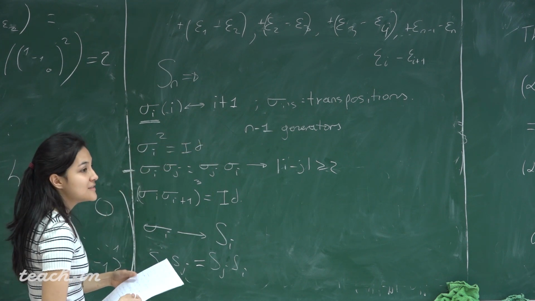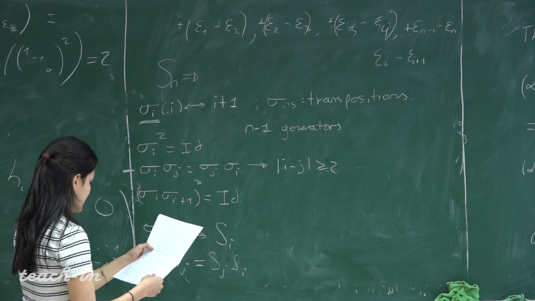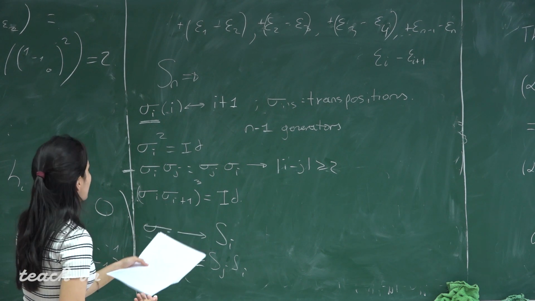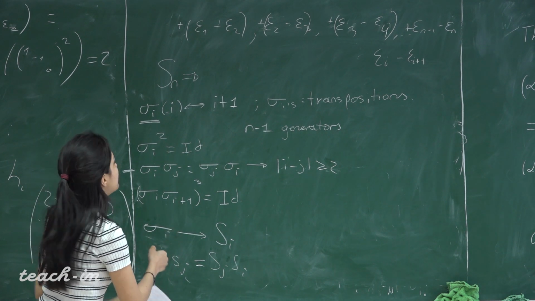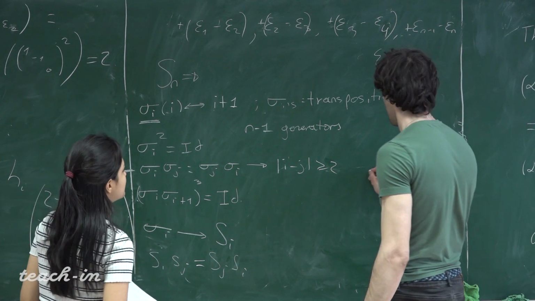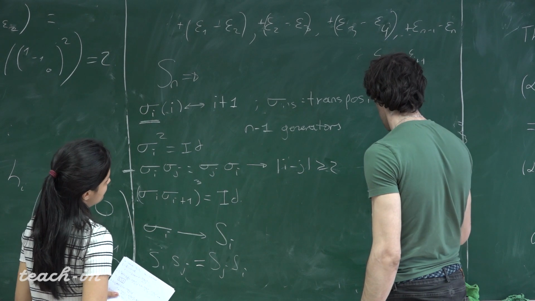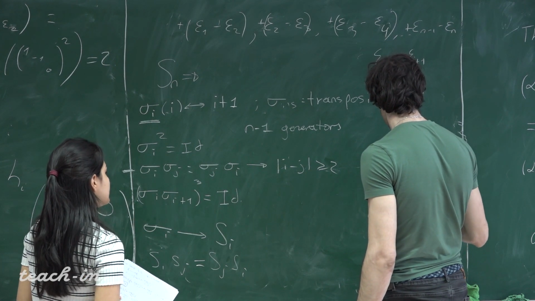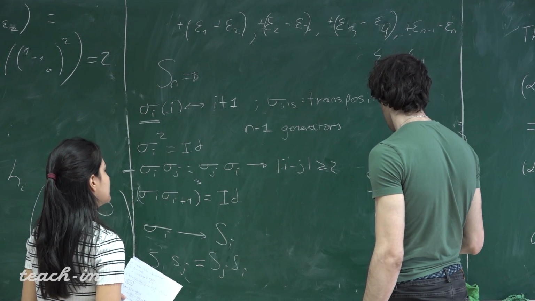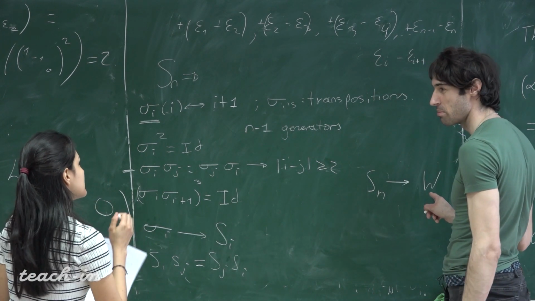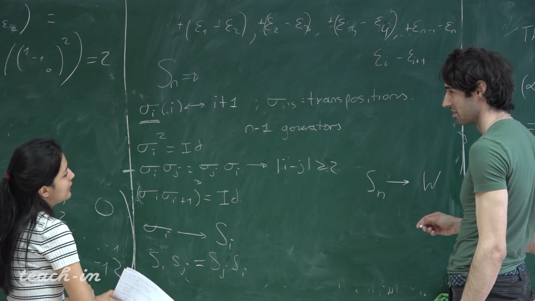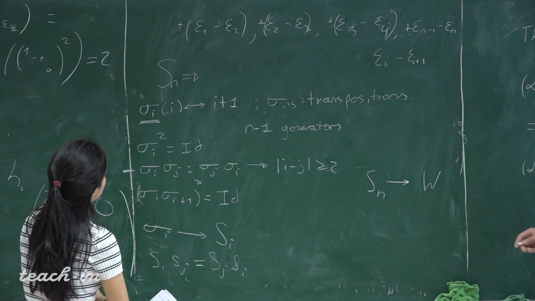But I don't know how to proceed. Something is missing here. You constructed a homomorphism which is surjective from here to here, right? Because you checked that all relations here are also relations here. But maybe here you have more relations.